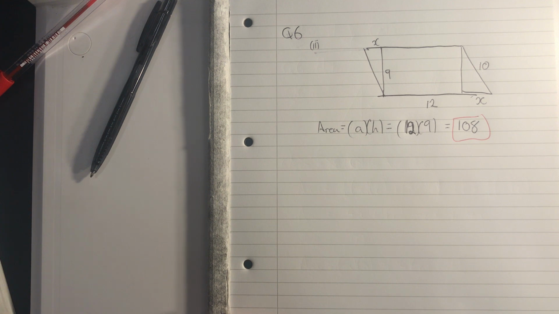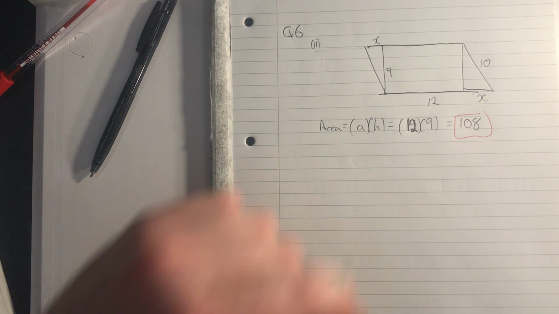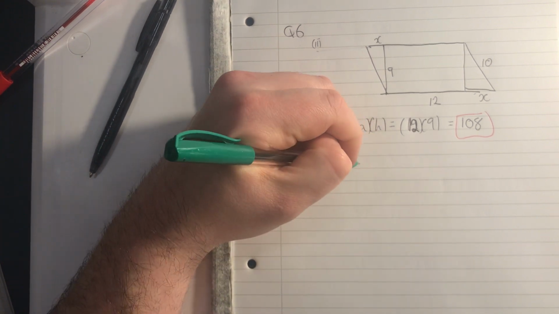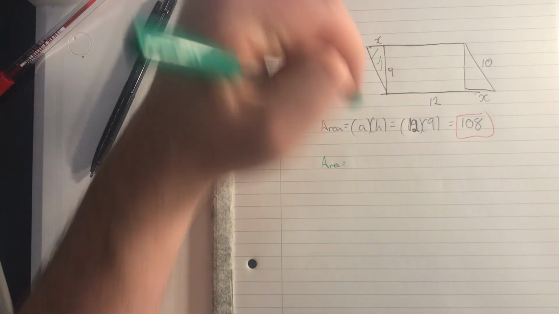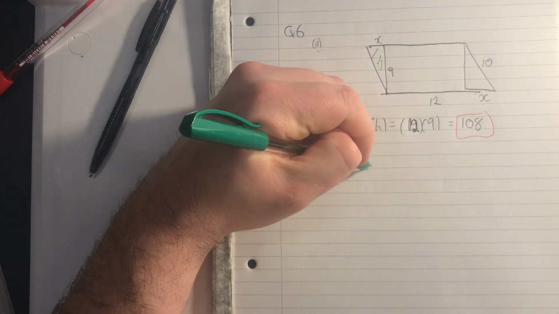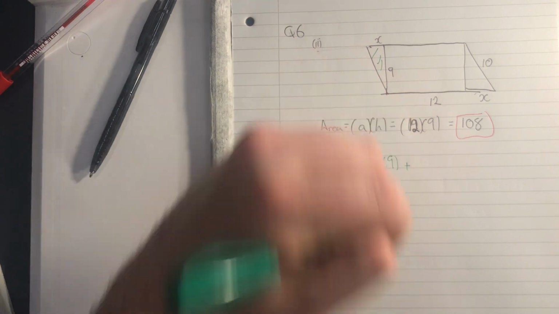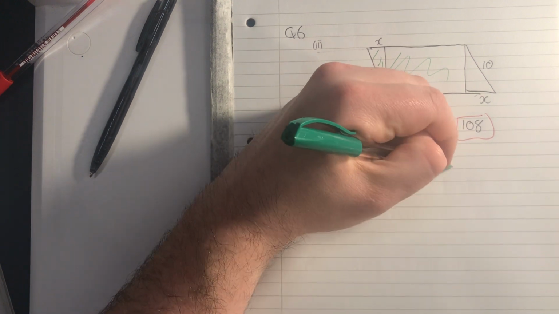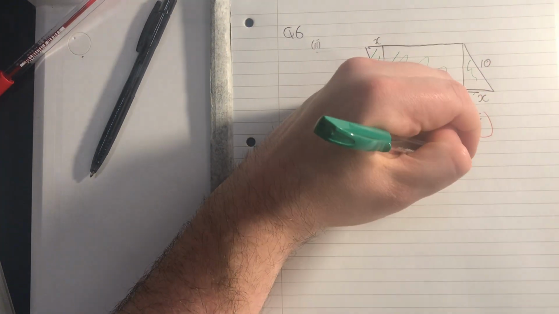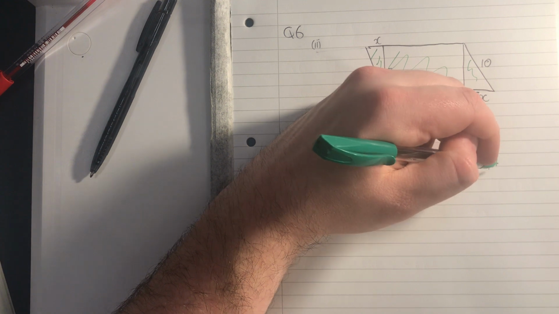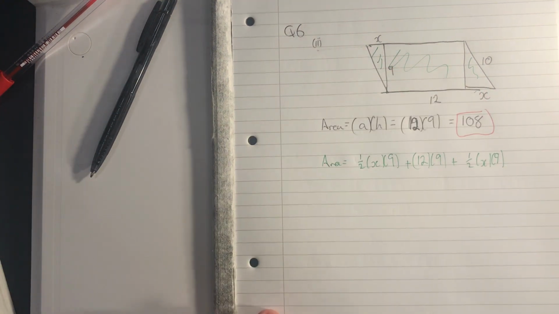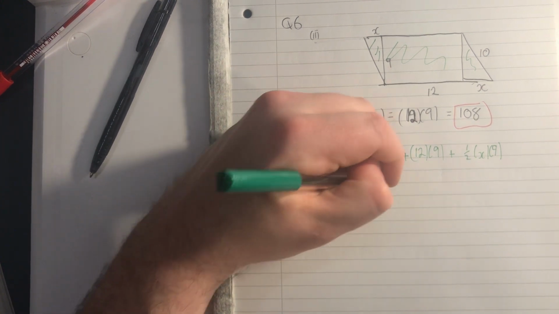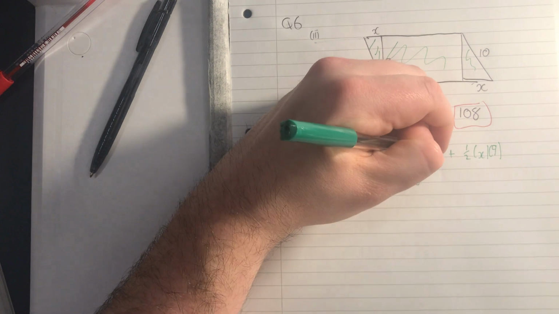Now, right, let's go through it. So area is equal to this area here, which is equal to 1/2 times x times 9, plus the area of the rectangle, which is 12 times 9, plus the area of this triangle here, which is 1/2 times x times 9. So that's equal to 4.5x plus 108. Oh, I made the same mistake again there, lads.